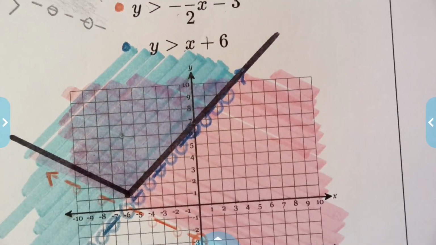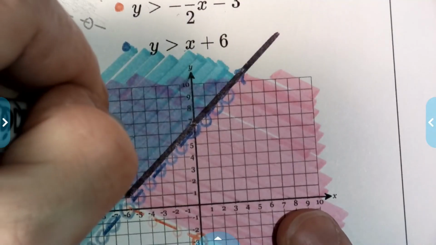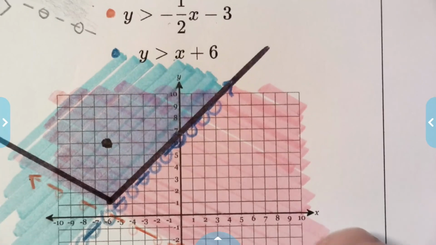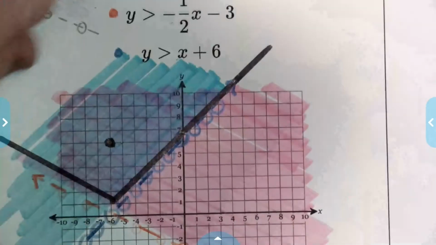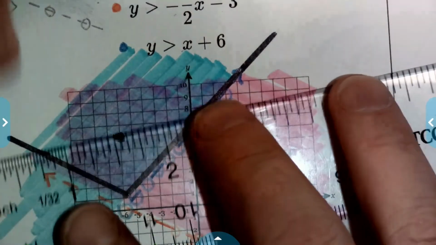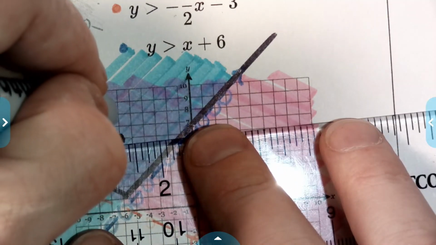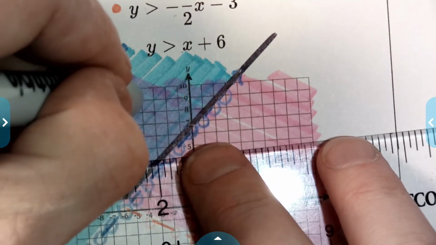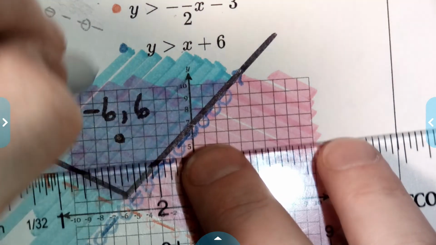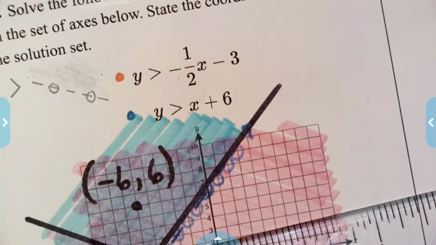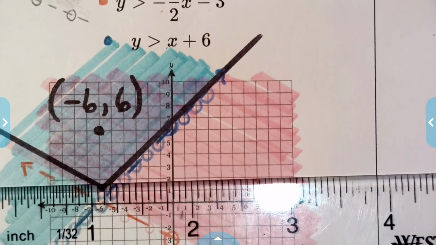So we can put a dot right there, okay, and say this is going to be -6, comma 6. That's going to be my solution. I've stated the coordinates of a point in the solution set.